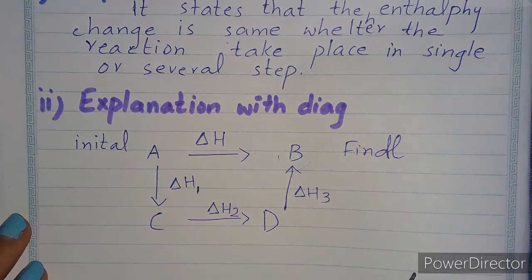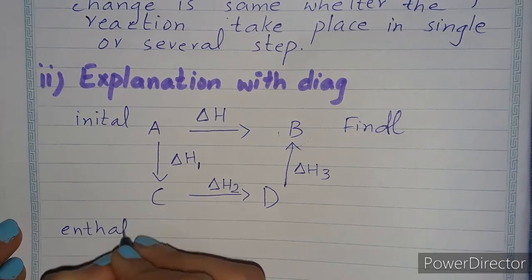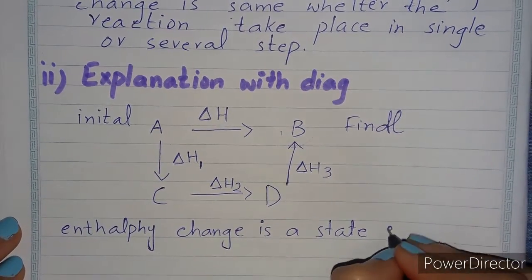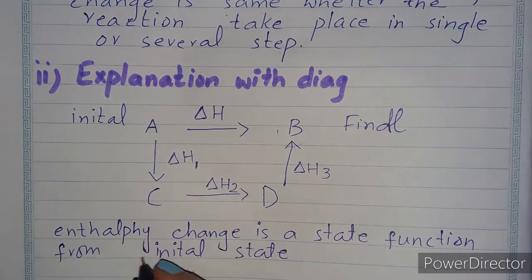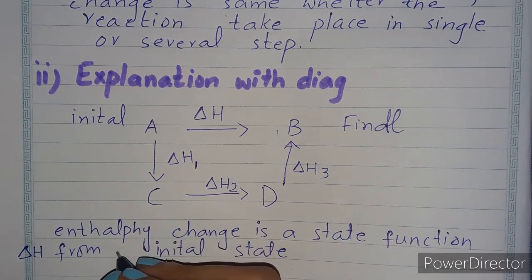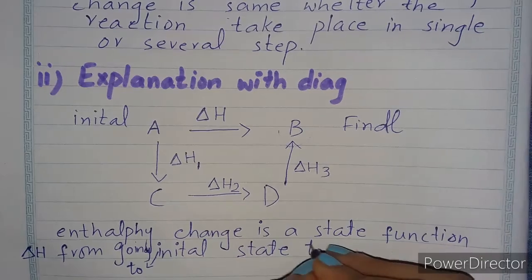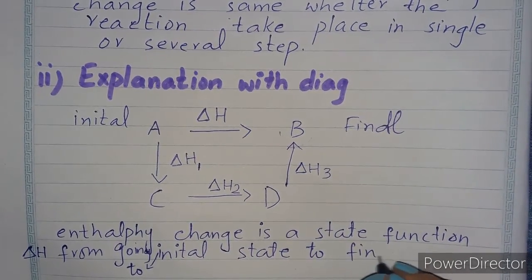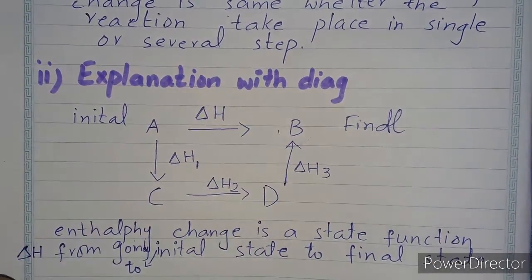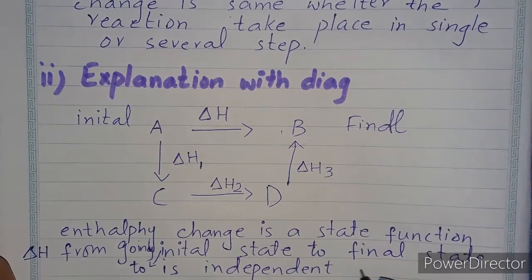So enthalpy is a state function. Enthalpy change is a state function, that is, the enthalpy change in going from the initial stage to the final stage, from stage A to B, is independent of the path followed.